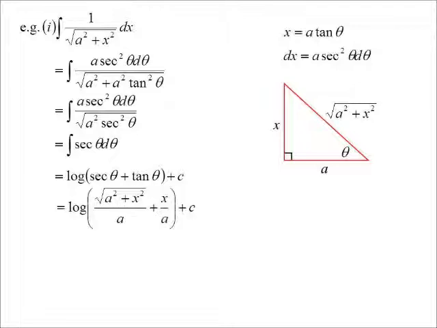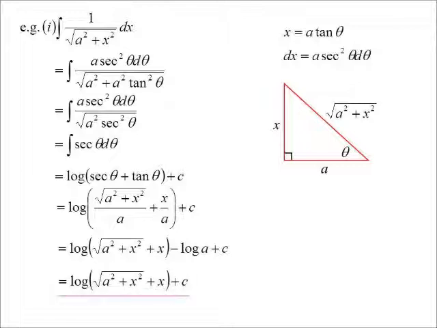Substituting in, I get log of the square root of a squared plus x squared on a plus x on a. You'll notice that's not the standard integral. But log of a, because remember this is all over a, I can use my log laws to take the log of a out, but log a is just a constant anyway. So we can still say just plus some constant.